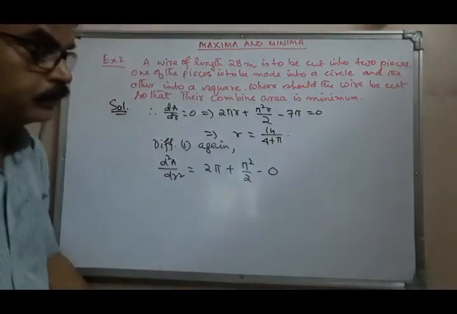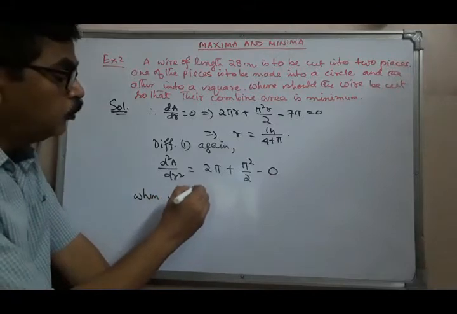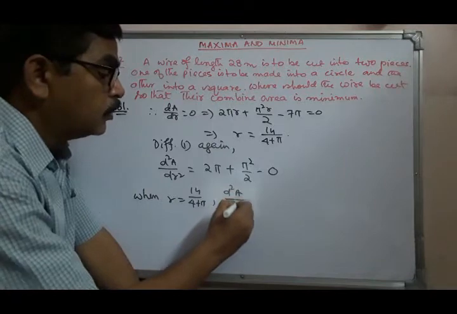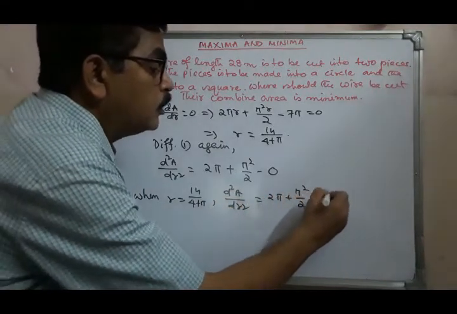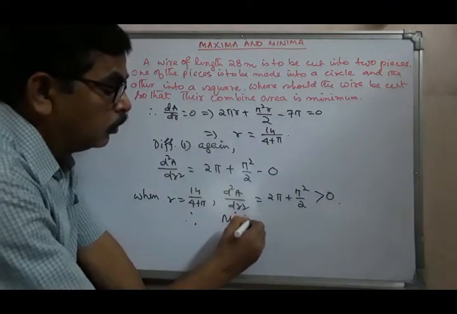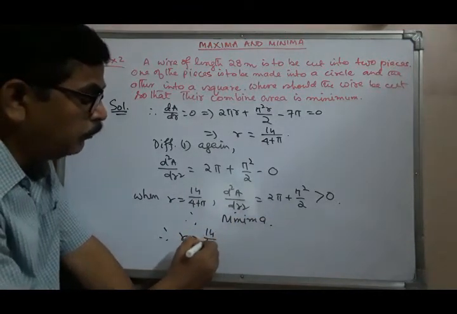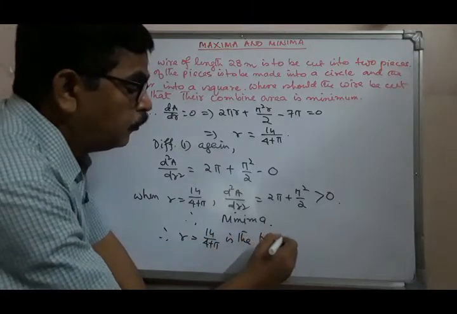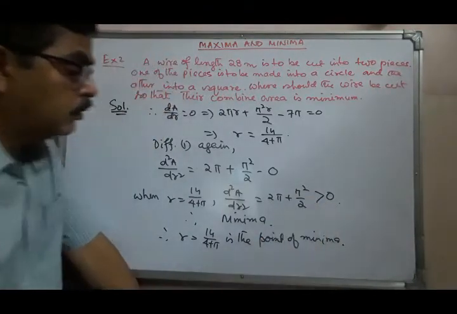So when r equal to 14 by 4 plus pi, d square A by dr square equal to 2 pi plus pi square by 2, which is greater than 0. Therefore, it is minimum. So r equal to 14 by 4 plus pi is the point of minima.